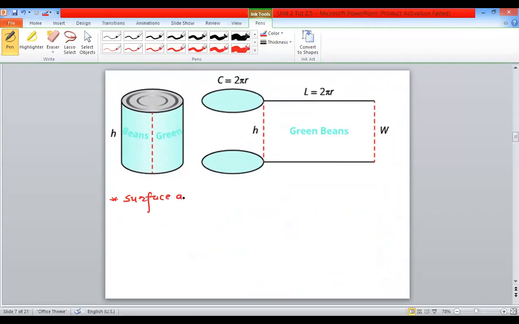The surface area is the length times the breadth of this curved part, so it is L into B. L is 2 pi r into H, where H represents the height. So it is 2 pi r h.